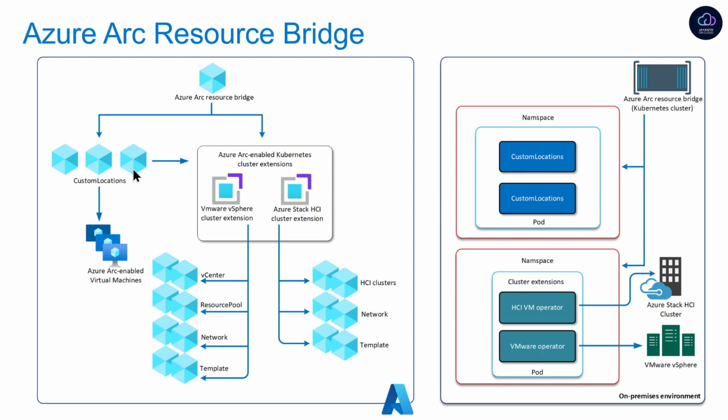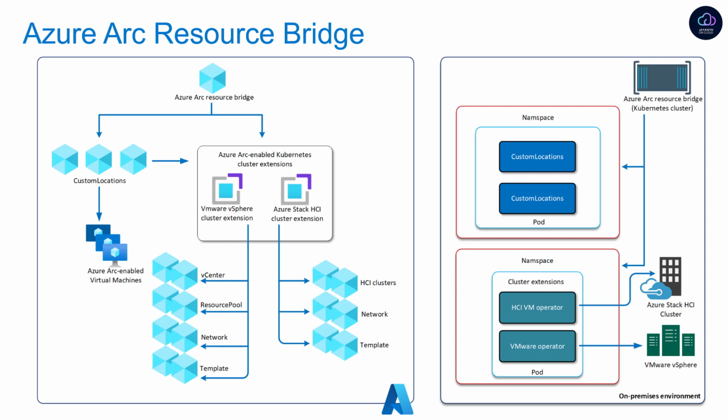Custom location is when you go and provision your Azure Arc for VMs, it asks you for a parameter, which is to provide a custom location. So custom location is like your Azure data center regions. So that is also one of the regions, but in this case, a custom location, which I'm going to use in the demo in this episode, is going to be an Azure Stack HCI cluster.